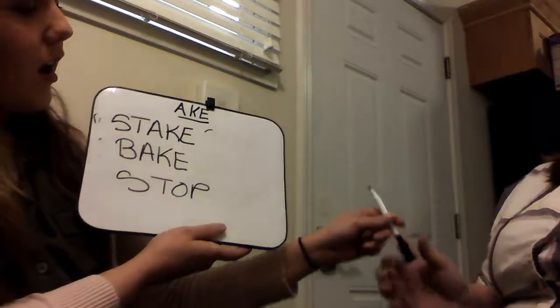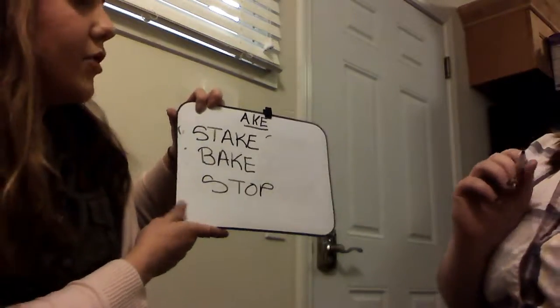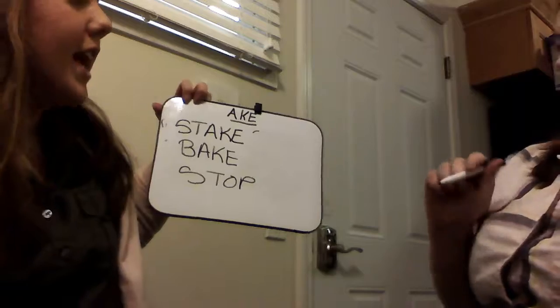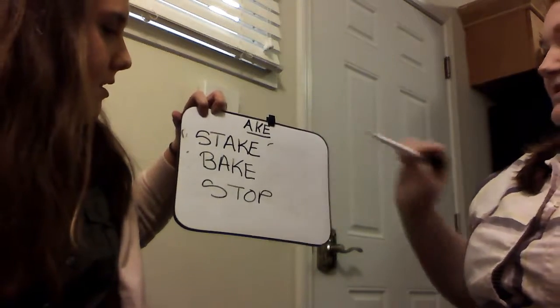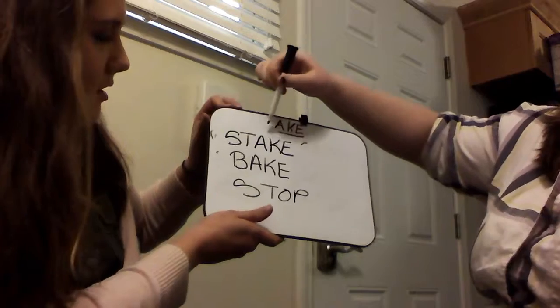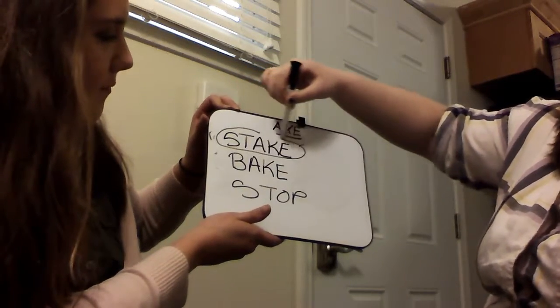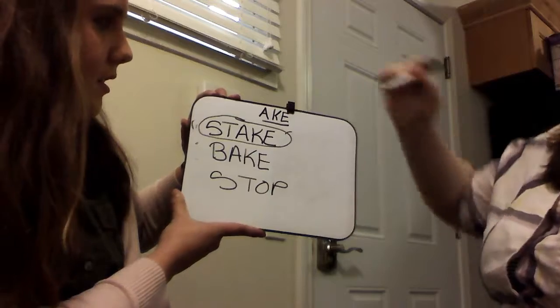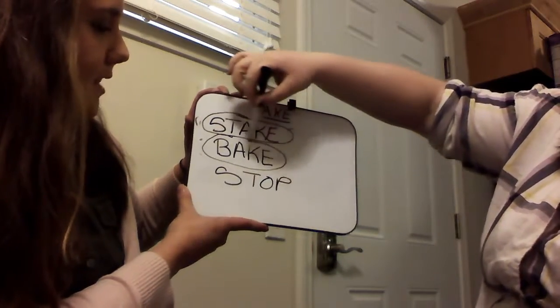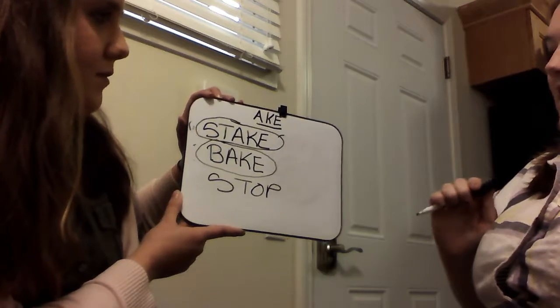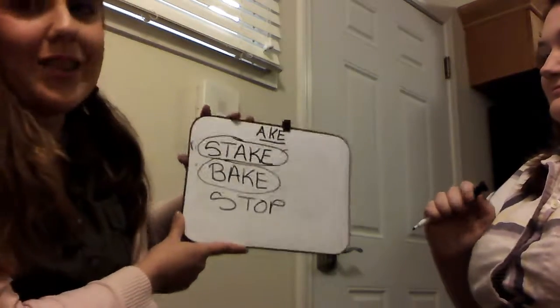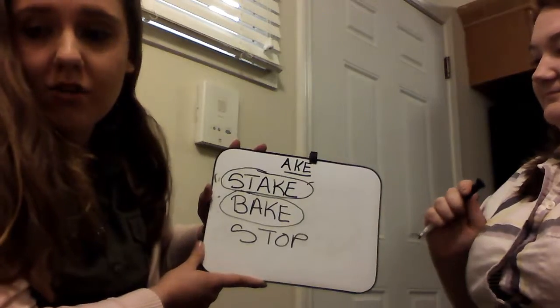Okay, so now we're going to do one word at a time, and you can tell me if it has the same sound as ache. Steak. Yes. If it has the same sound, you're going to circle it. Good. Bake. Bake has the same sound, so you're going to circle that word. Stop. No. Stop doesn't sound like AKE, so you're not going to circle that word.